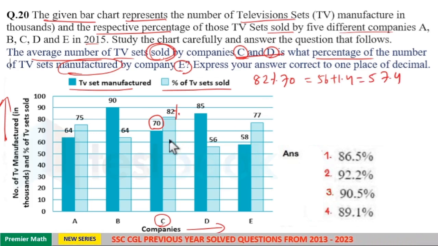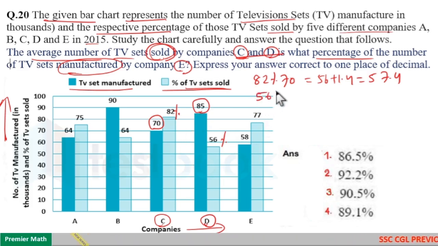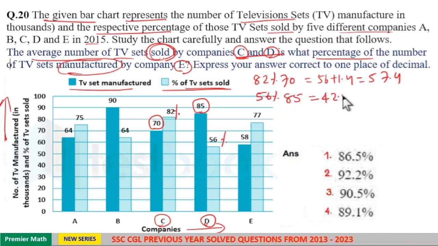Now we need in D the percentage of TV sets sold. Here 56% is the percentage sold and 85 is the manufactured. So we need 56% of 85. Here 50% of 85 is half of 85, that is 42.5.